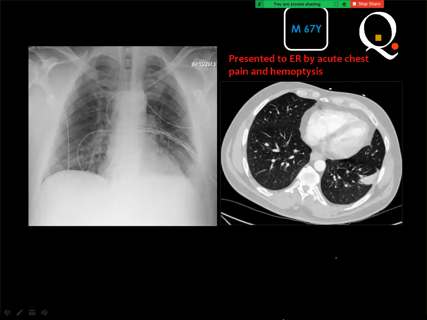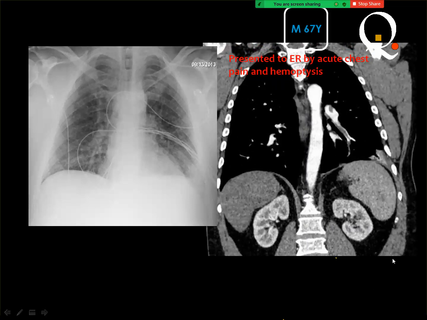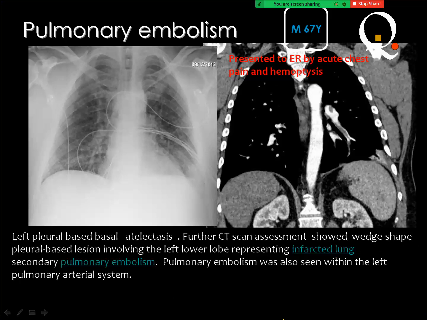Yes, right. This is pulmonary embolism because of the history, acute chest pain and hemoptysis. And this is the CT pulmonary angiogram. And you got a filling defect here and a linear filling defect there with the pulmonary infarction in the right lung base. The diagnosis is right.